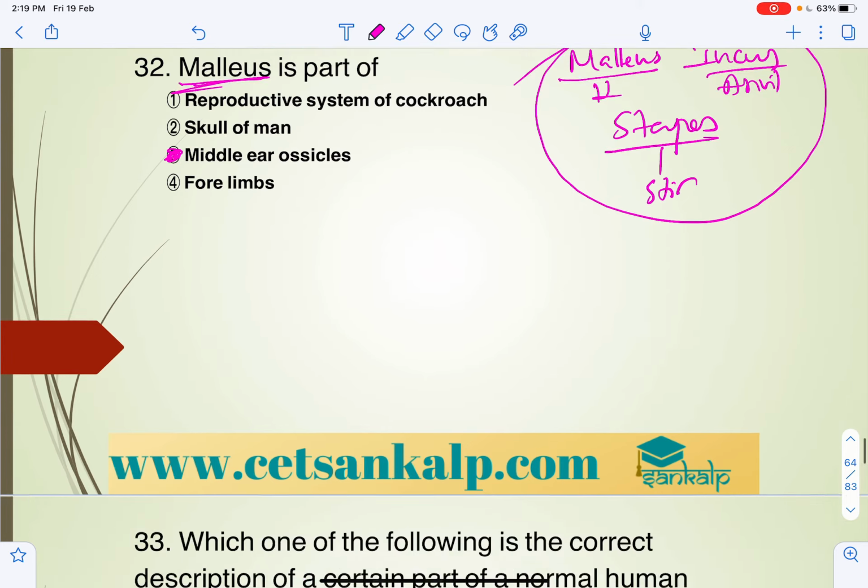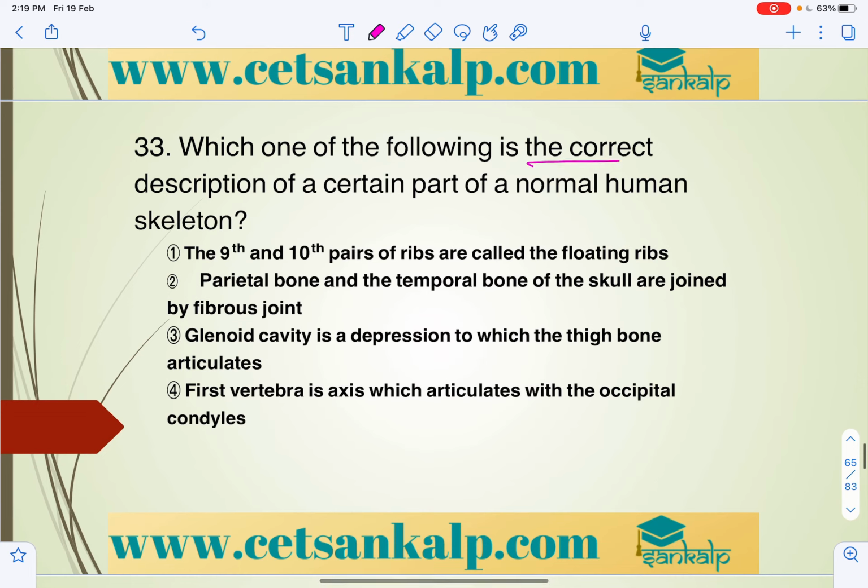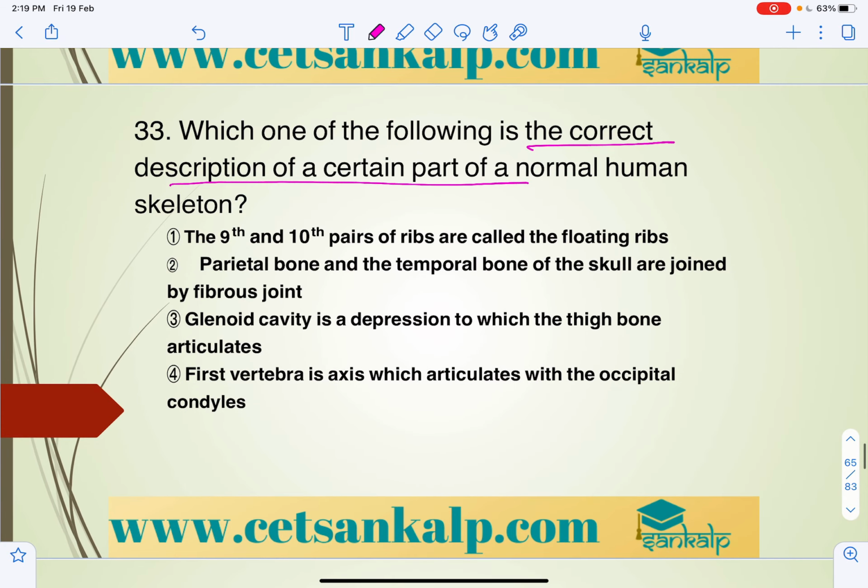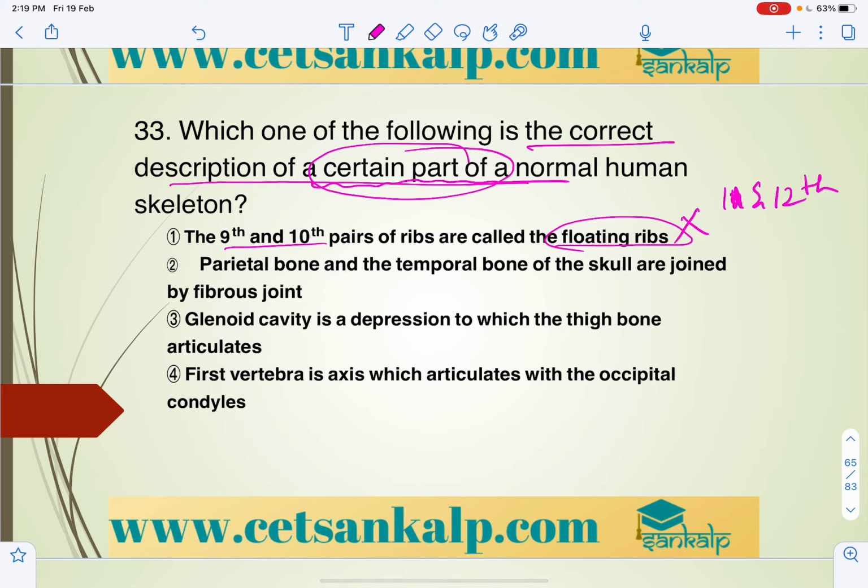Next, which one of the following is the correct description of a certain part of the normal human skeleton? If you consider certain characters or parts of the human skeleton, which among these statements is correct? 9th and 10th pair of ribs are called floating ribs. That is wrong, the 11th and 12th are floating ribs.